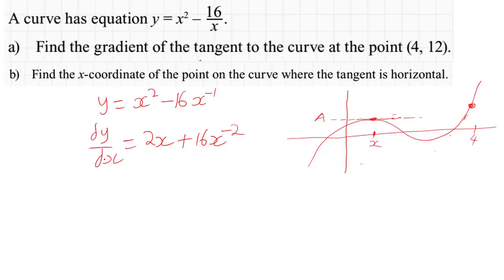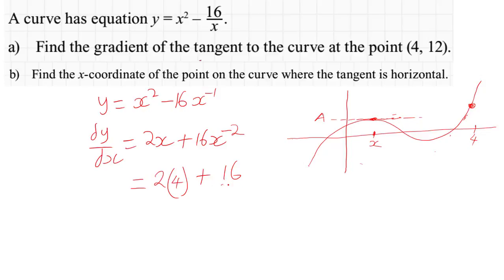So that's dy dx. Now, at the point where x is 4, finding the gradient of this line by subbing in 4 here is the same as finding the gradient of the tangent. So all we now need to do is just to sub in. So the gradient of the tangent is going to be equal to 2 times, what x is, 4, plus 16 times x to the power minus 2. Now, x is 4, so I could just sub that there.